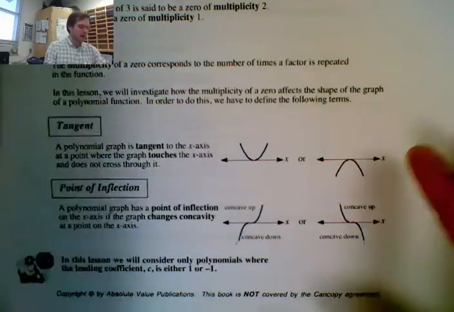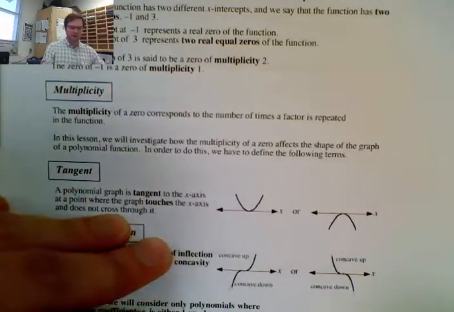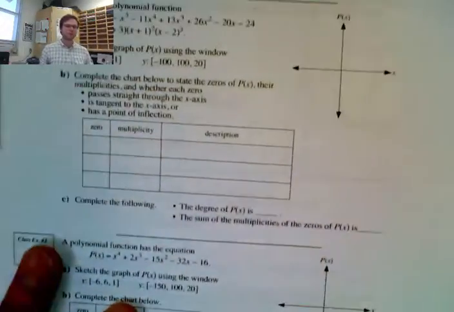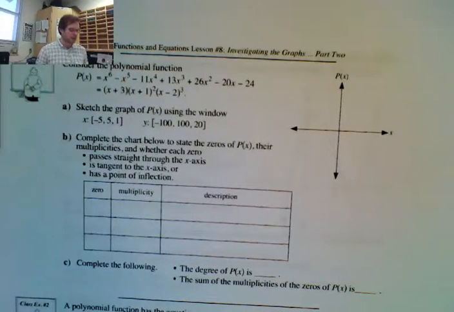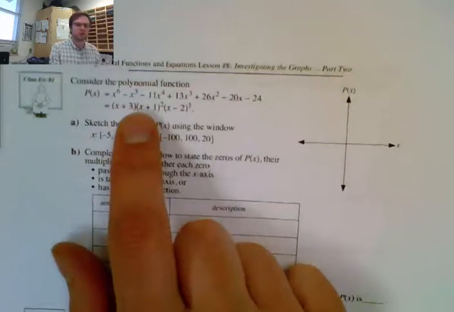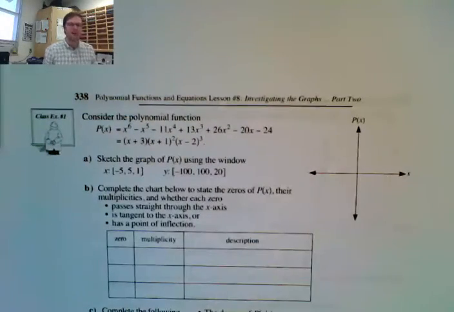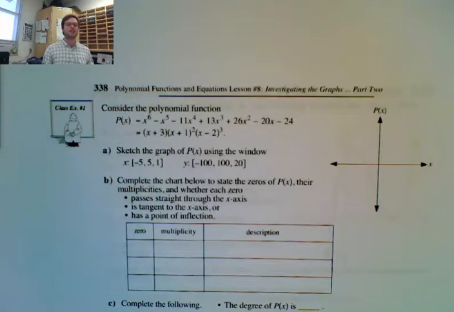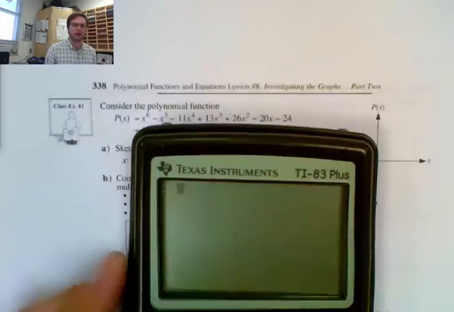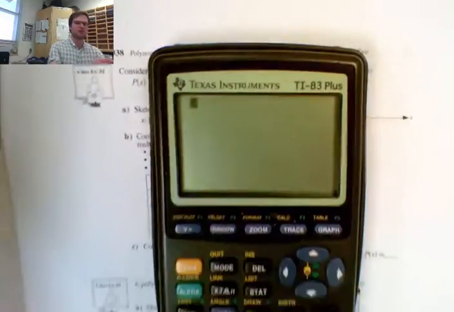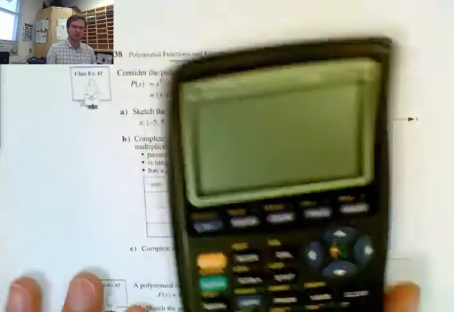All right, so now we're going to look at some examples. So here is the first class example. It says, consider the following polynomial function. We have this polynomial function here, and it is already factored for us. Now what it wants us to do is sketch the graph of the polynomial function using the following window. So I'm going to put on my calculator out so we can see exactly what I'm doing on my calculator.